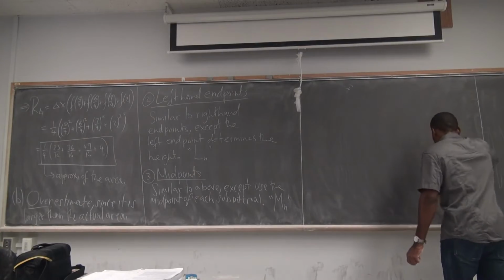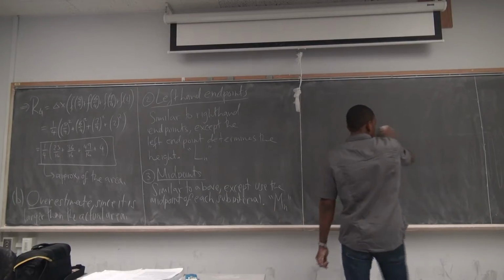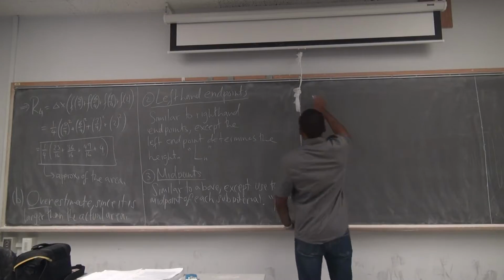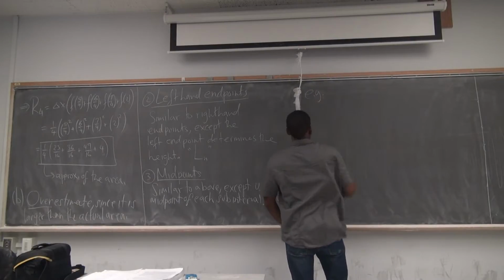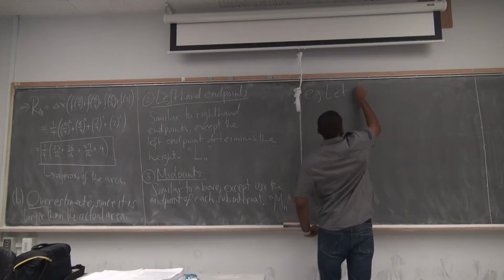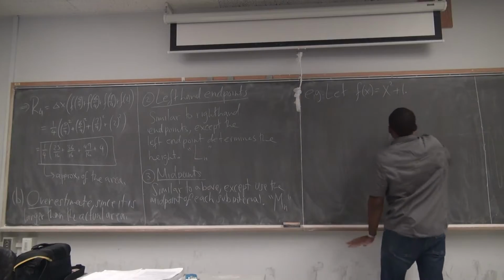So there'll usually be something in the problem saying your answer is the sum of fractions or something. Let's give an example. Let f of x equal x squared plus 1.